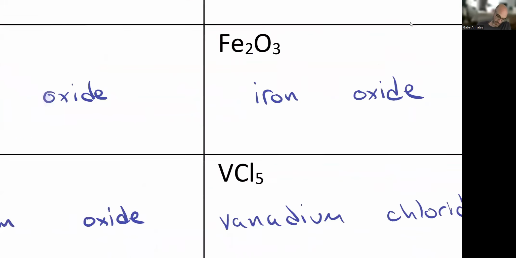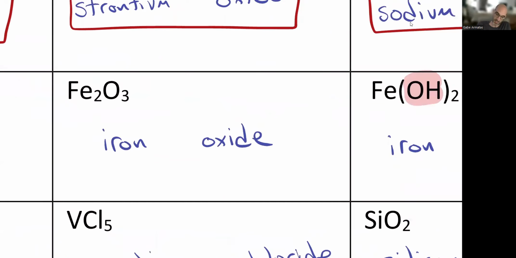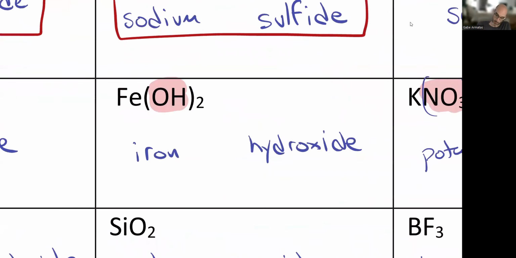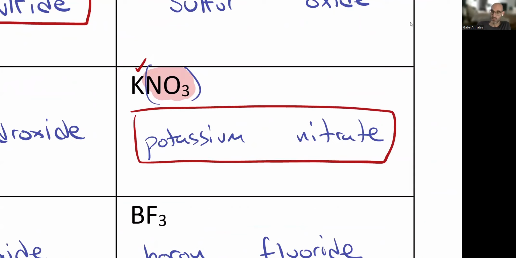Okay, back over here. Is iron a metal? Yes, it is. Is it in group 1, 2, or the staircase? No, it's not. We need more information. We're going to talk about that in a second. Same with this iron. Same with this iron. Potassium, is it a metal? Yes, it's a metal. It's in group 1. It is done. It is named.